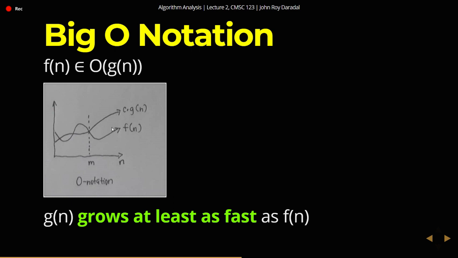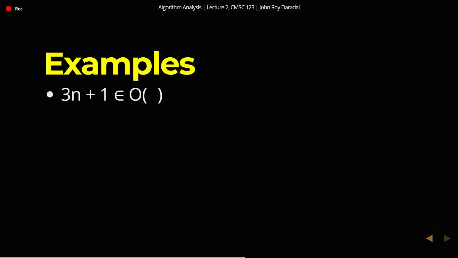Okay, so we say that g of n provides an upper bound to f of n. So g of n grows at least as fast as f of n because g of n has a faster growth rate, which is bad, than f of n. Okay, so that's big O notation.